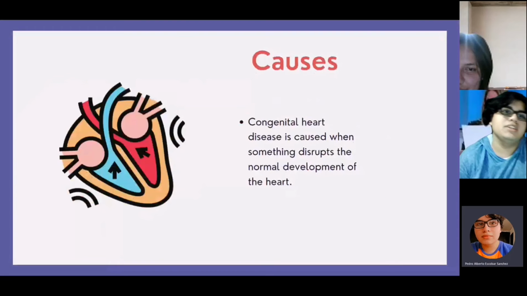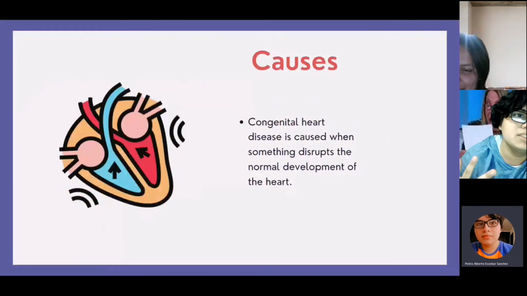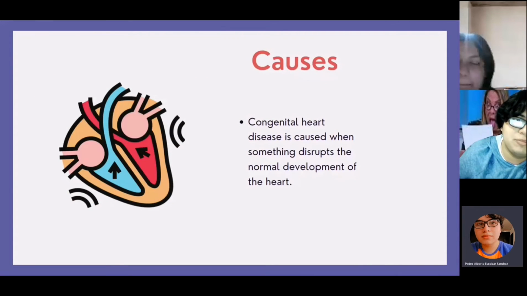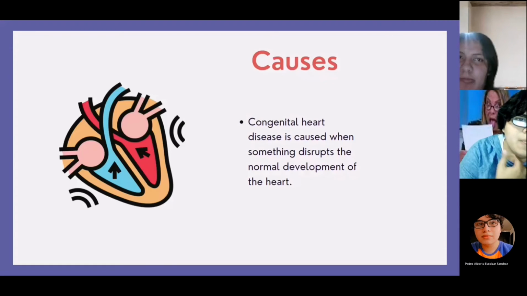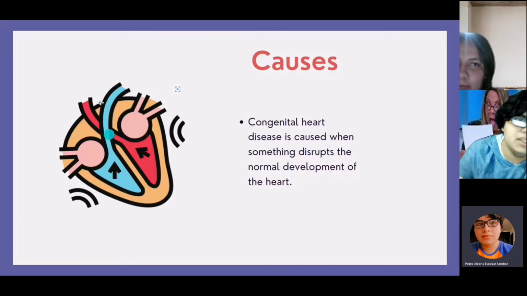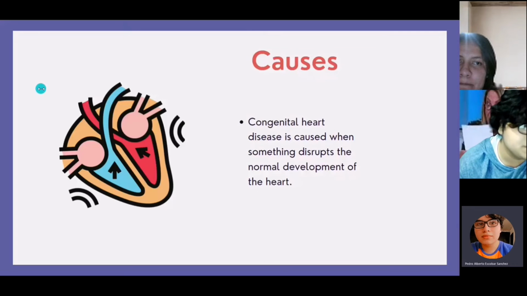And lastly, if the mother has rubella, which is an infectious condition caused by a virus, it can be serious for a newborn baby during the 8th to 10th week of pregnancy, but it usually doesn't affect adults or children much, and it can cause multiple birth defects such as congenital heart disease.